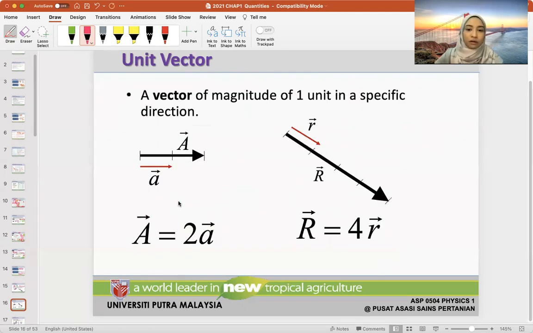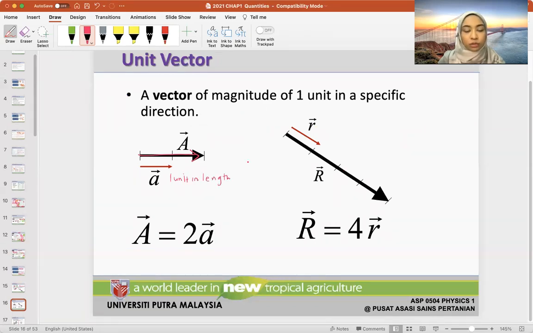Okay, so a vector of magnitude 1 unit in a specific direction. Let's say I have this capital A vector, which is this one over here. And I have this small a vector going in the same direction, but it is only 1 unit in length.